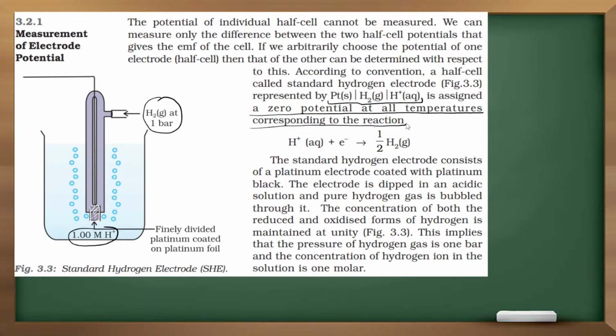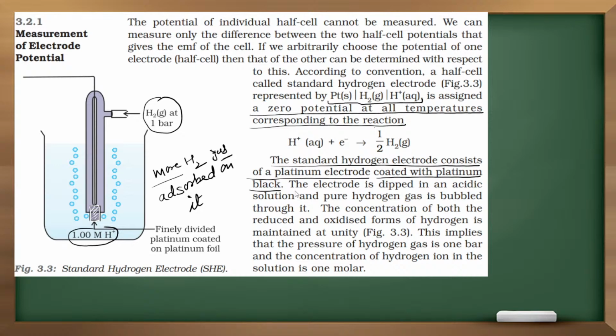H plus plus electron gives half H2. So the standard hydrogen electrode consists of a platinum electrode which is coated with platinum black. Why do we coat it with platinum black? Because powdered platinum will increase the surface area and therefore more hydrogen gas is absorbed on it.